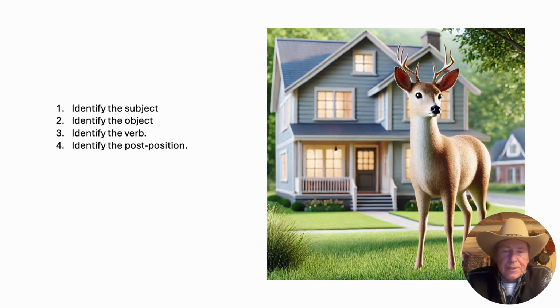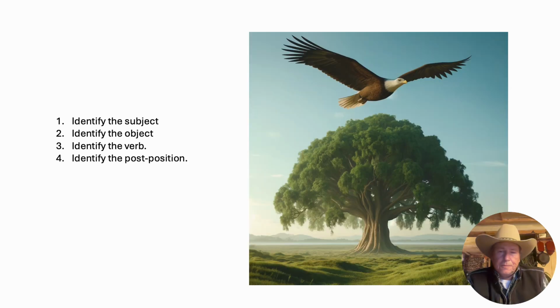So that sentence would be takhjaki, the deer, tipiki, the house, and then remember our postposition in front of, so itokab, and then the verb naji. So takhjaki tipiki itokab naji. The deer is standing in front of the house.